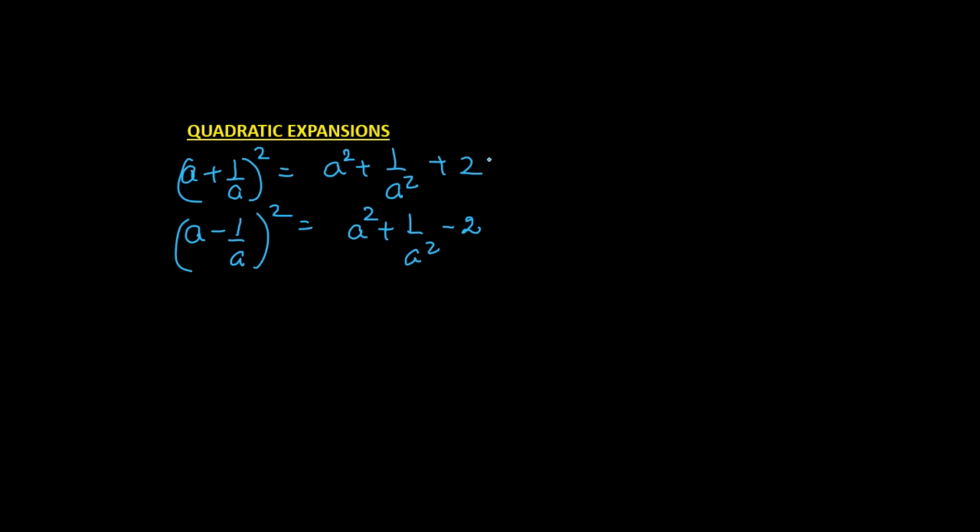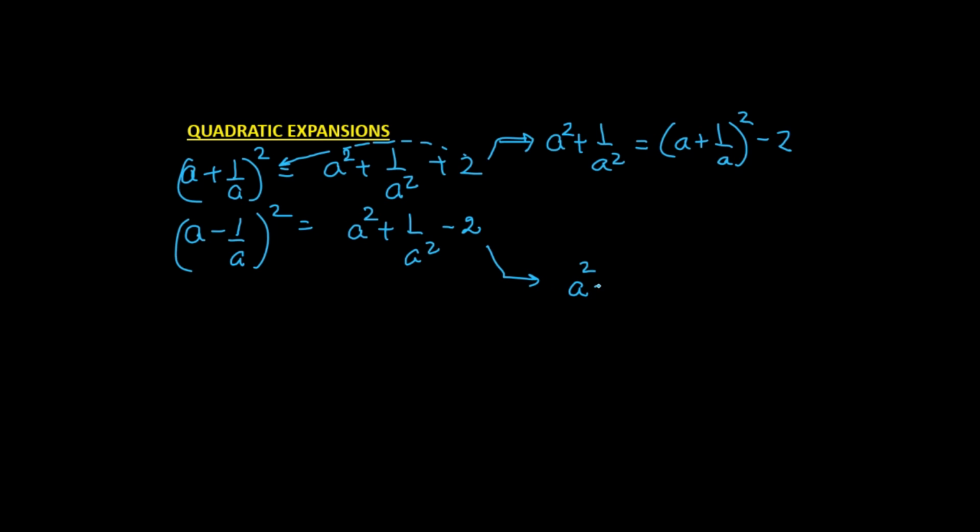Correct? So, from here, we get a square plus 1 by a square is equal to (a + 1/a) whole square minus 2. Am I right? We can take this to the side. And from here, we again get a square plus 1 by a square as (a - 1/a) whole square plus 2. I hope this much is clear to everyone.